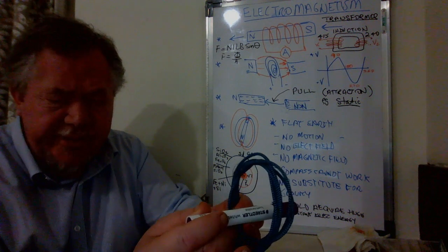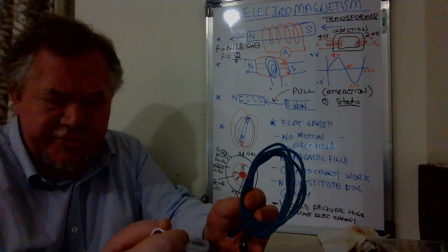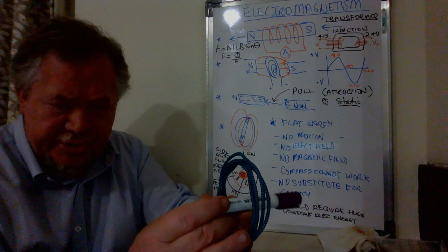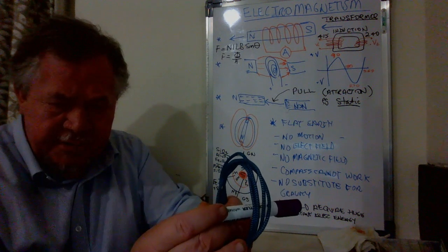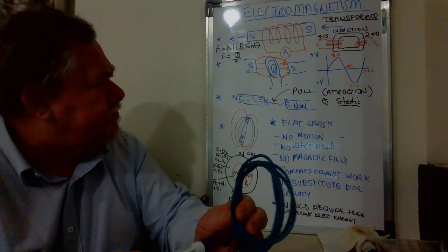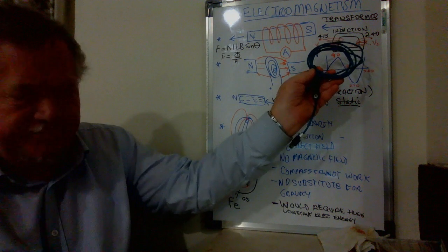And the greater the amount of current that I put through this coil, the stronger the magnetic field that this will have. Now just taking from that, go back to the transformer.